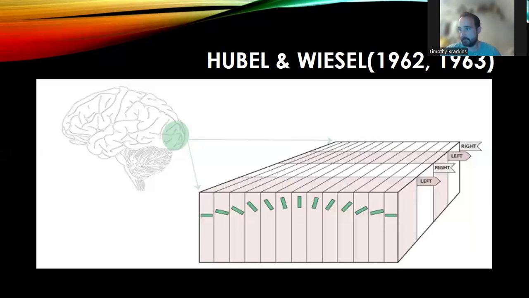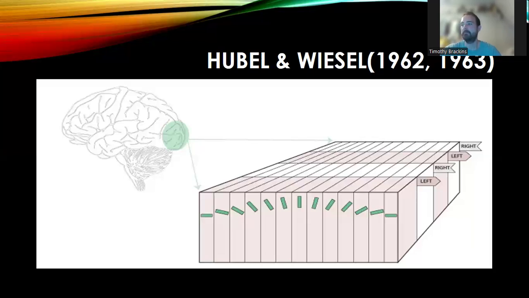And the reason we have these columns here is the visual cortex is organized into a columnar structure. Each column itself responds to lines or edges in a particular orientation, again, as indicated by the green bars. And it lets the brain process complex visual information by breaking it down into simple features, like detecting edges at different angles.